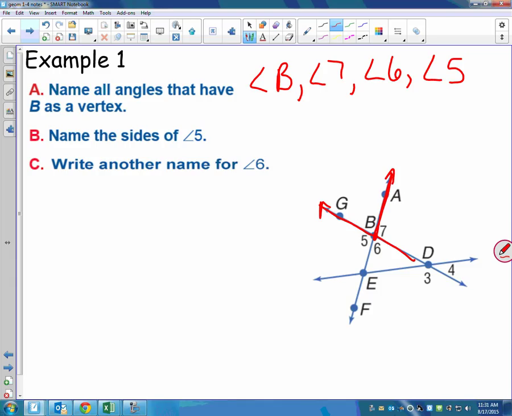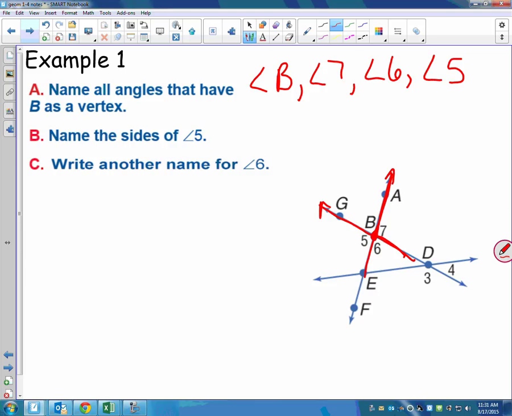Does that make sense? The other one's a problem too, like angle 6, that's a problem. No, because the point B goes for everywhere, right? But angle 6 is just naming that angle that's right here. Does that make sense?